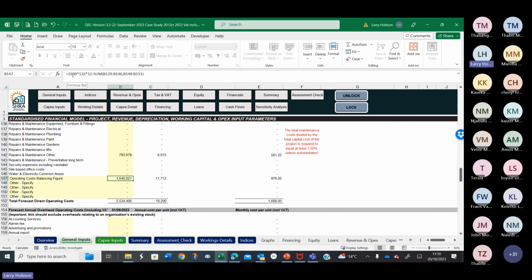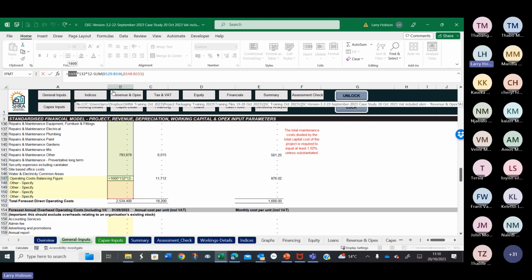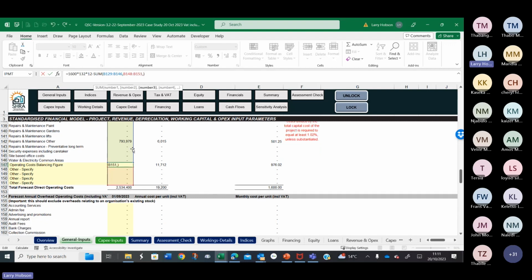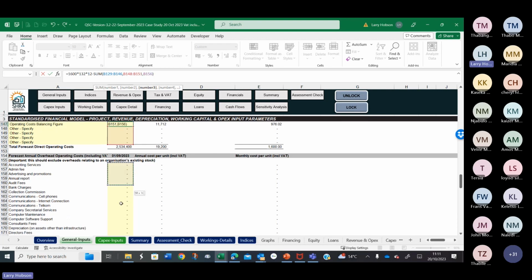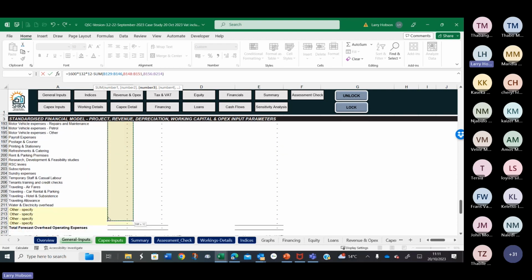What did we say before? 904.50 got us to that. So what I'm going to do is add the overheads here, and I'm going to just put in a figure for overheads.